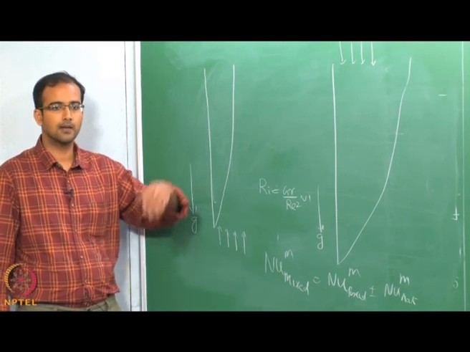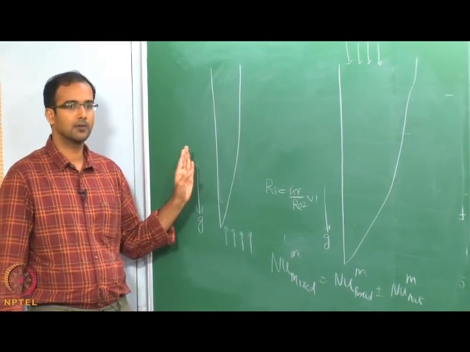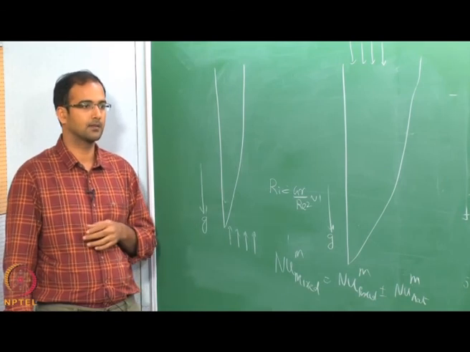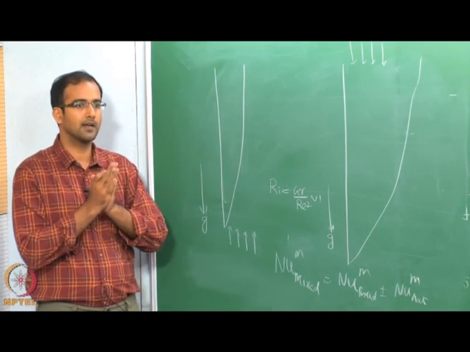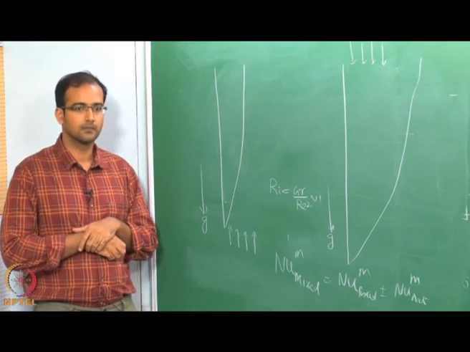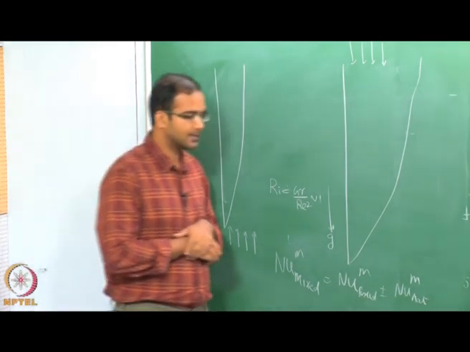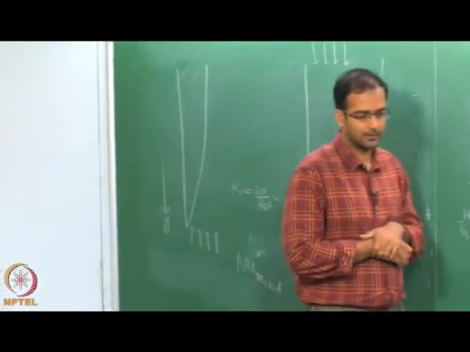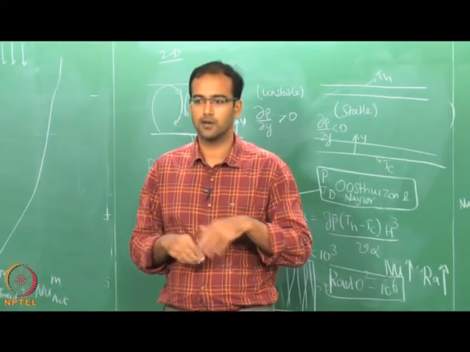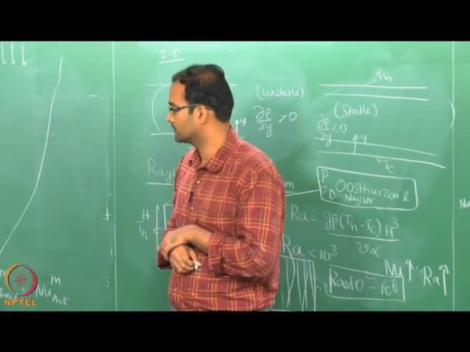So naturally the case where you assist the buoyancy will be the one with a higher Nusselt number, because you compress the boundary layer and therefore the wall temperature gradient will be higher. Correct? So this is a very simple hands-on approach. If you want very detailed flow patterns, then you have to go for numerical solution again.